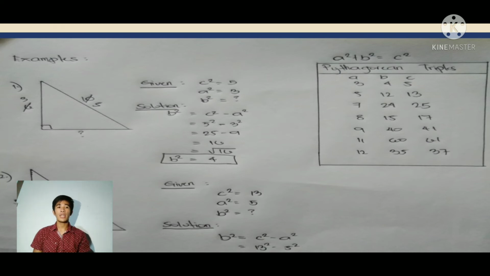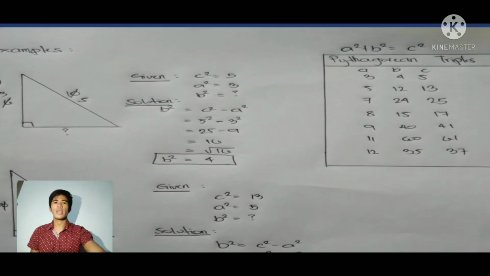And sa B, under po niyan ay 4, 12, 24, 15, 40, 60, and 35. So, for the C, 5, 13, 25, 17, 41, 61, and 37. Okay, balik po tayo sa ating example.